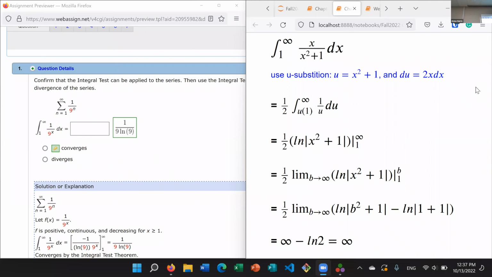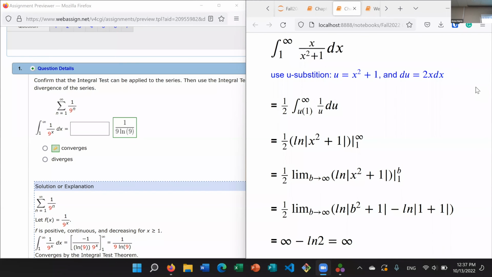So I'm going to replace everything by du. What do we use? Natural log of u. I'm going to replace u with x squared plus 1, from 1 to infinity. But I told you we cannot put infinity in, because it's not allowed. We have to take a limit. So I'm going to put the 1/2 in the front, which does not do anything. The limit as b goes to infinity, I replace the upper limit with b.